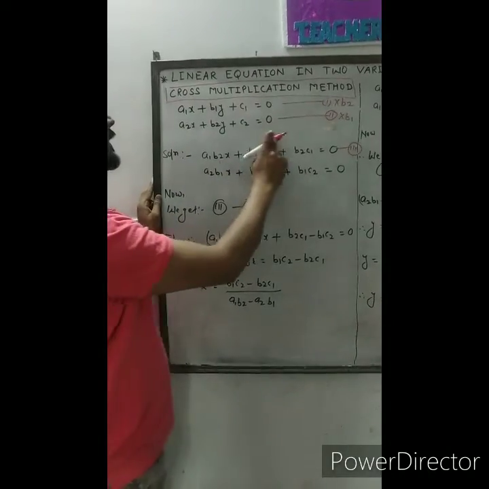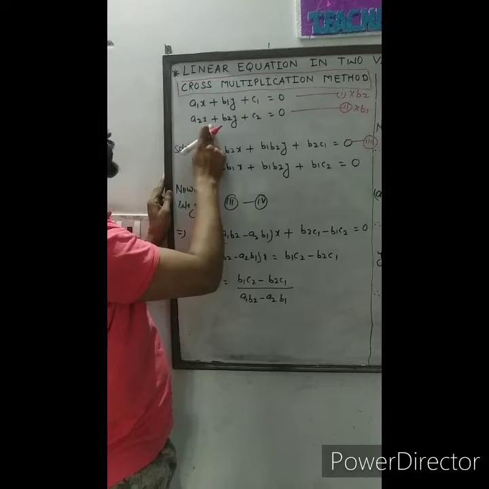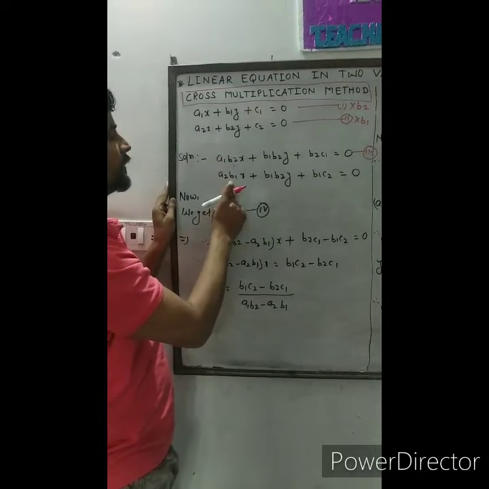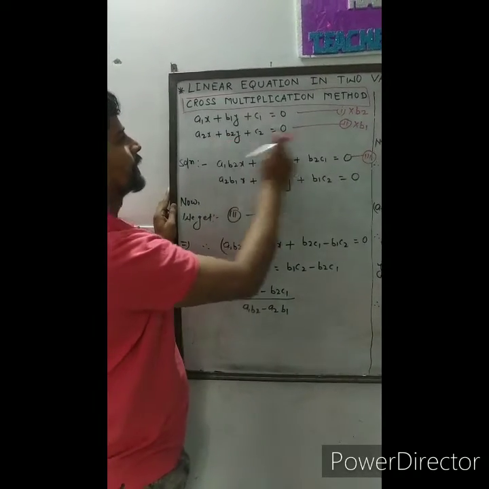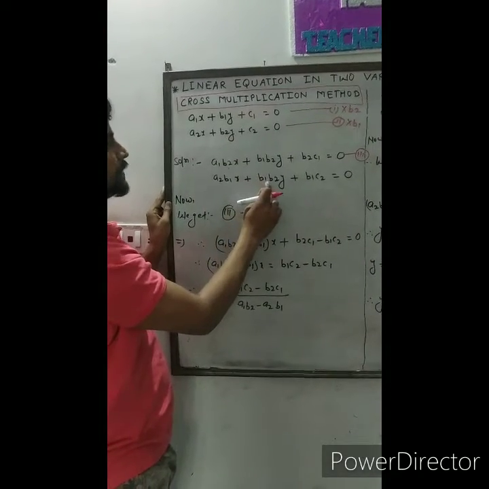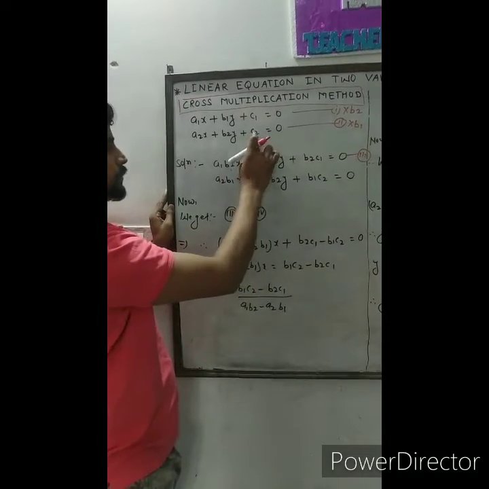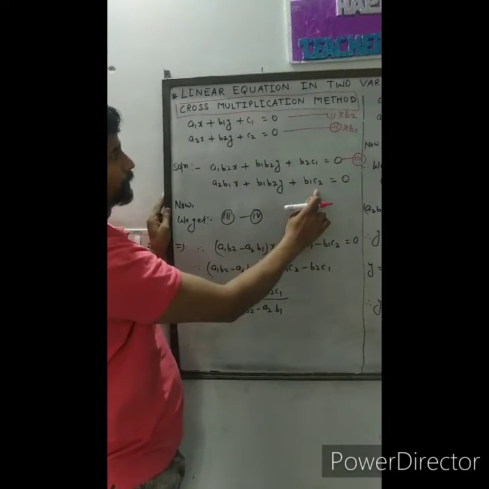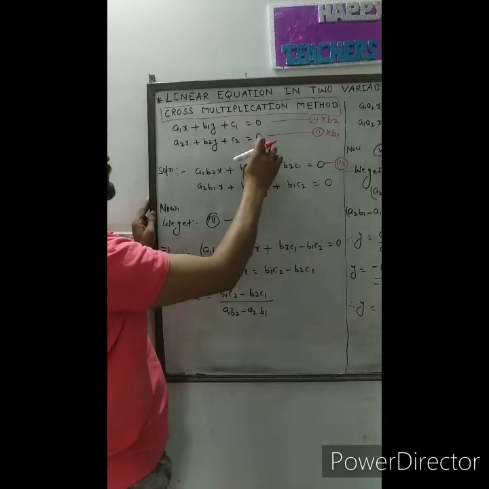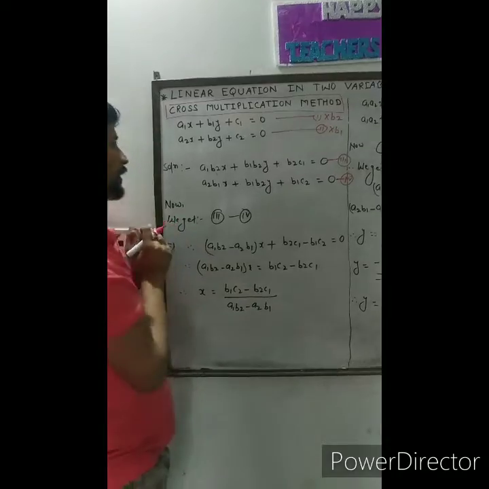Now multiplying the second equation by b1, so now b1 into a2x, it is a2 b1x plus b1 into b2y, so it is b1 b2y plus b1 into c2, so it is b1 c2 is equal to b1 into 0 equal to 0. Suppose this equation is equation 4.